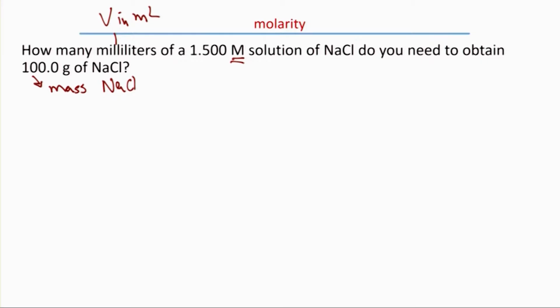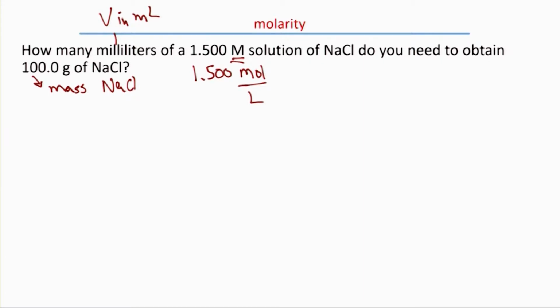Now, what I said, when you're doing calculations, you think of that concentration in molarity as a conversion factor, because when I see 1.5 molar, I know that's 1.5 moles per liter. All right, so starting with our grams, and students often will say, hey, do I start with the 1.5 or do I start with the 100 grams?